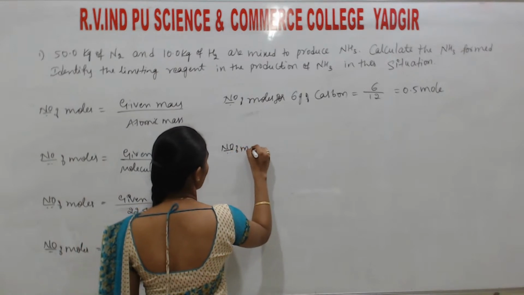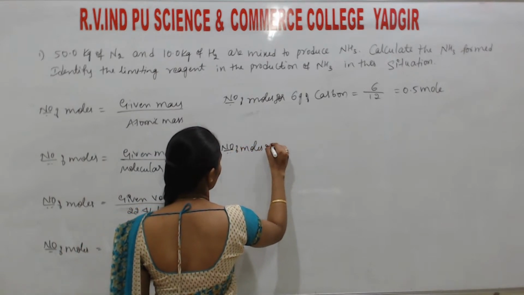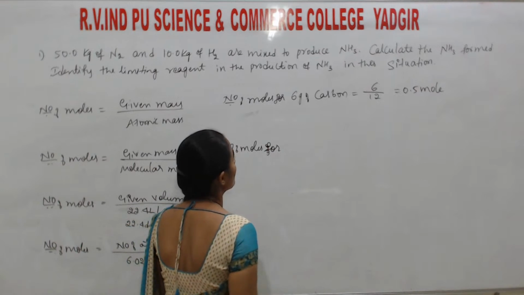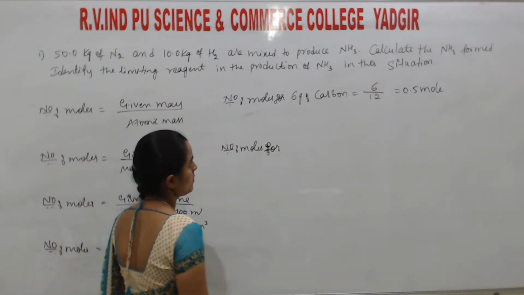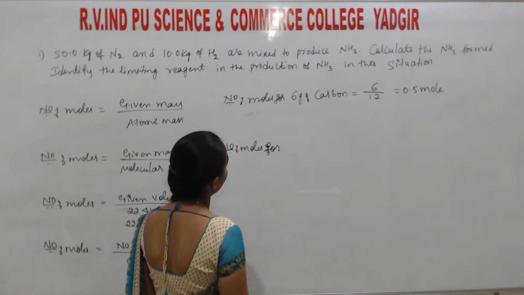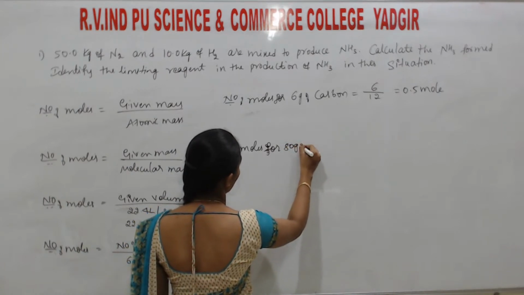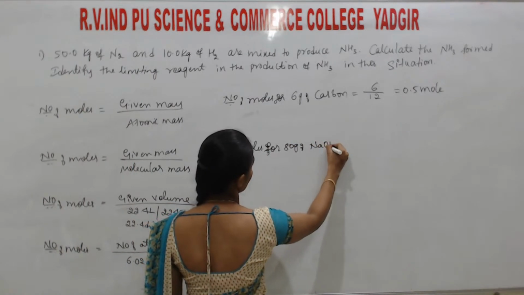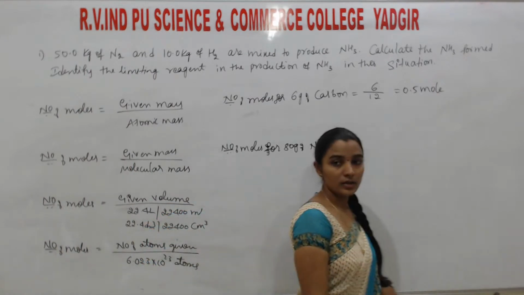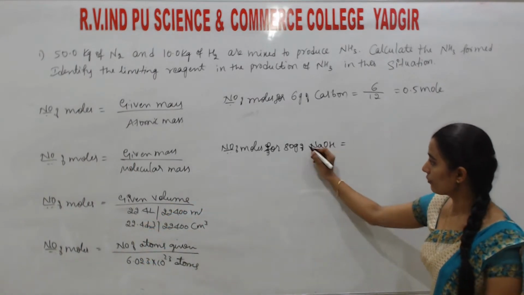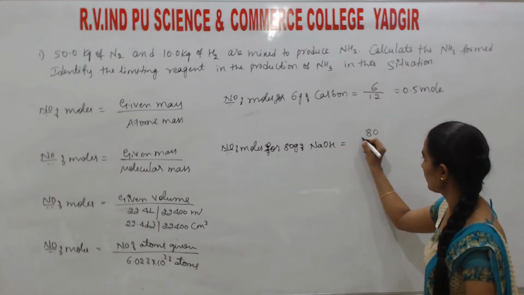Okay, next here. Number of moles for 80 gram of NaOH. So students, given mass of NaOH here is 80.